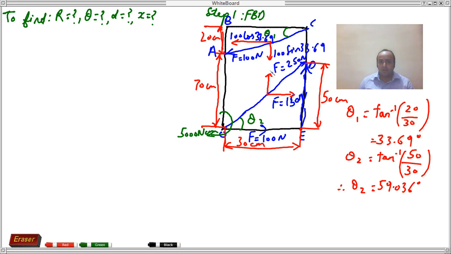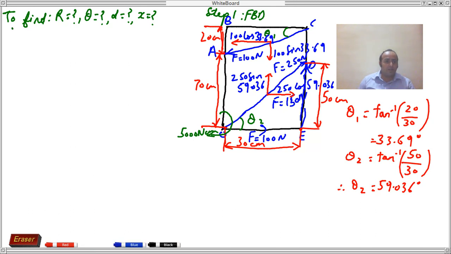Same way, this force, that is 250 Newton force, it will be 250 cos of 59.036, again 250 sin of 59.036.